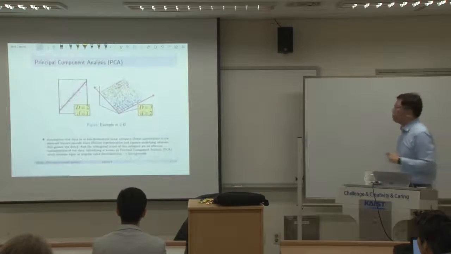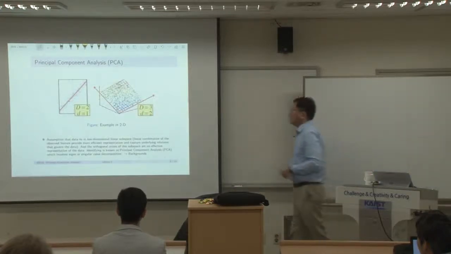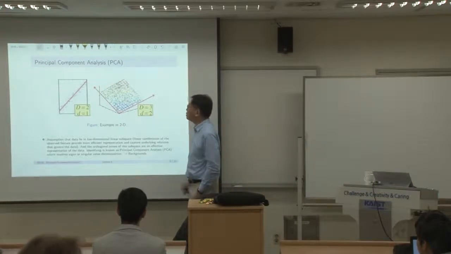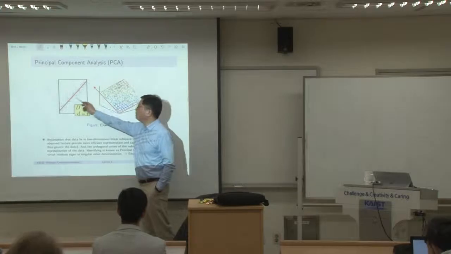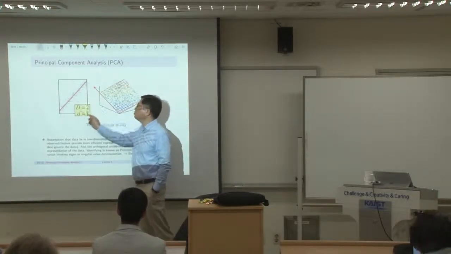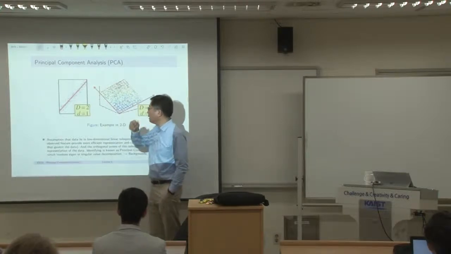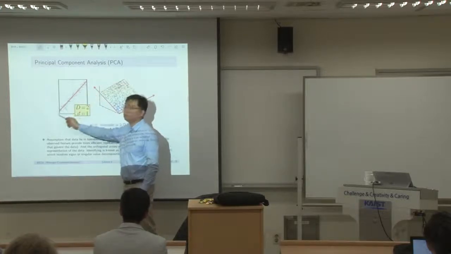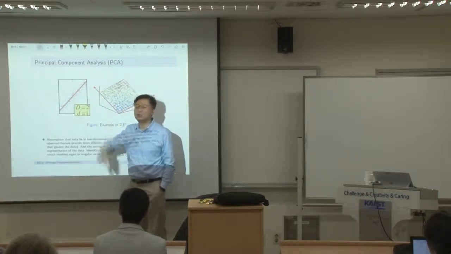So here are some examples of PCA. You can see that this data point, this purple line, in a two-dimensional space, and sorry about this notation, is projected onto this line, which is one dimension.